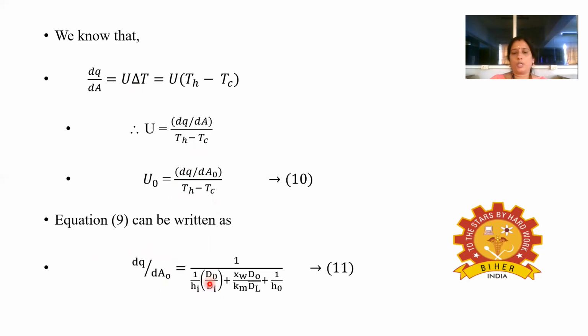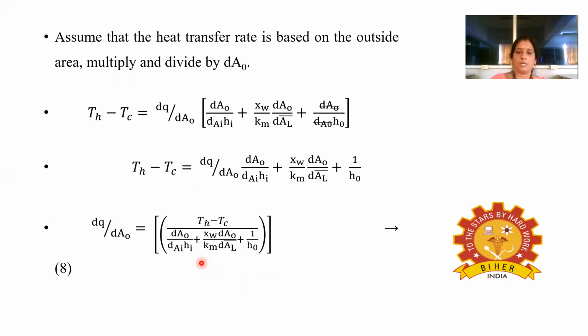So dq by dA naught is equal to 1 by hi into d naught by di, because in the previous slide we have dA naught by dAi. If we are integrating this, then we substitute the area formula, which is pi d l. The pi l will be cancelled, and only d naught and di will be there.